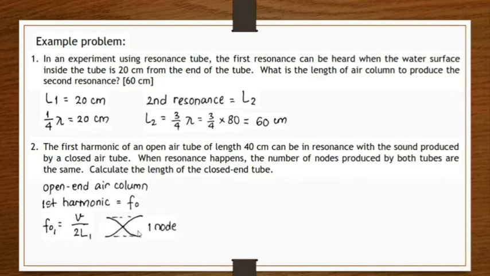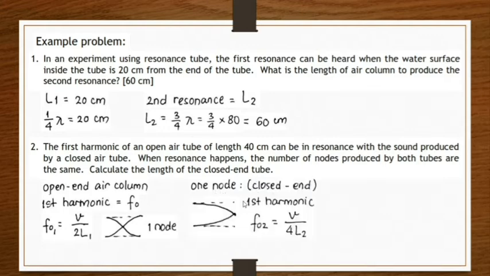So if I draw the diagram, there will be one node. And one node for the closed end will be like this. And this will be equal to the first harmonic, the fundamental note for the closed end air column. It is equal to v/4L2.